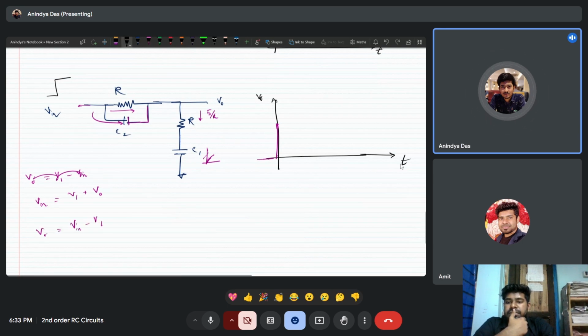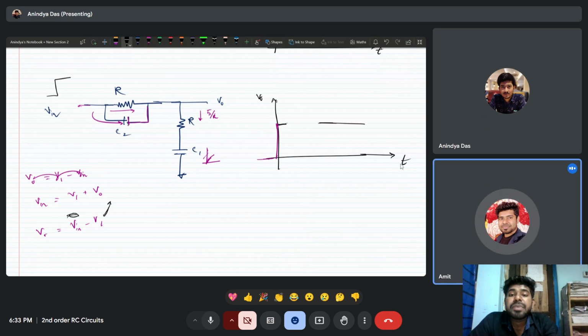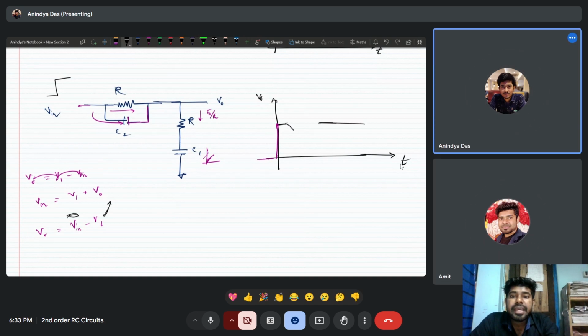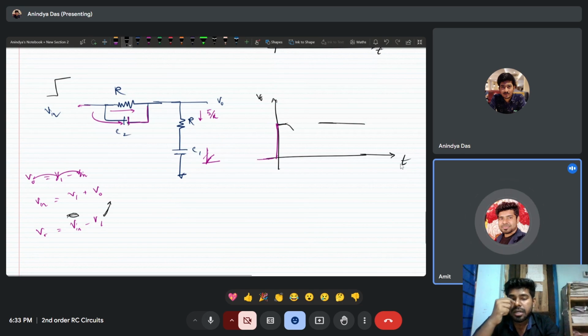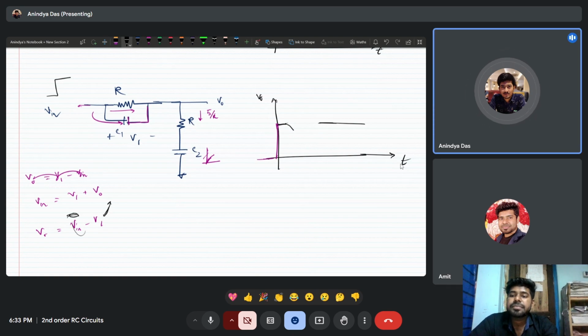Now you can see that the V in voltage is constant, and V1 is slowly rising.